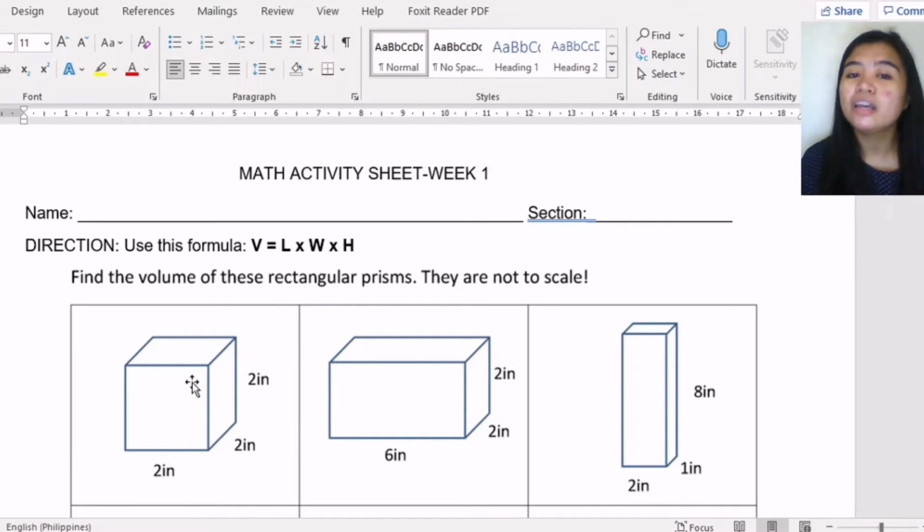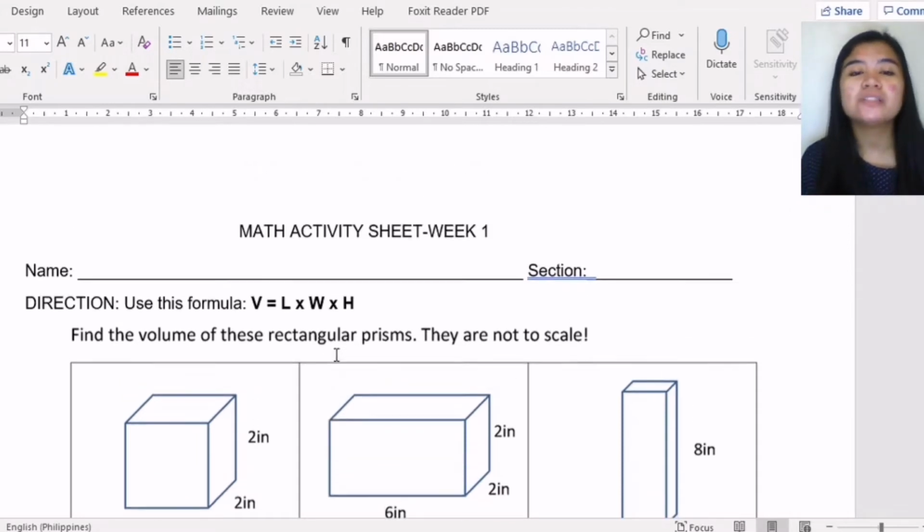Although yan ay cube, itong formula na to is for rectangular prism, pero applicable naman siya sa cube. Sana naunawaan nyo yung sinabi ko. Ito lang naman ang formula na gagamitin nyo para sa ating week 1. Okay? Now, proceed tayo sa week 2.